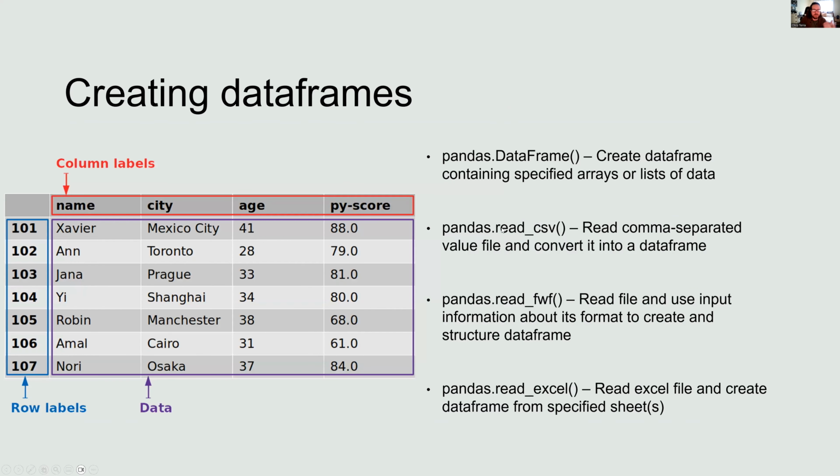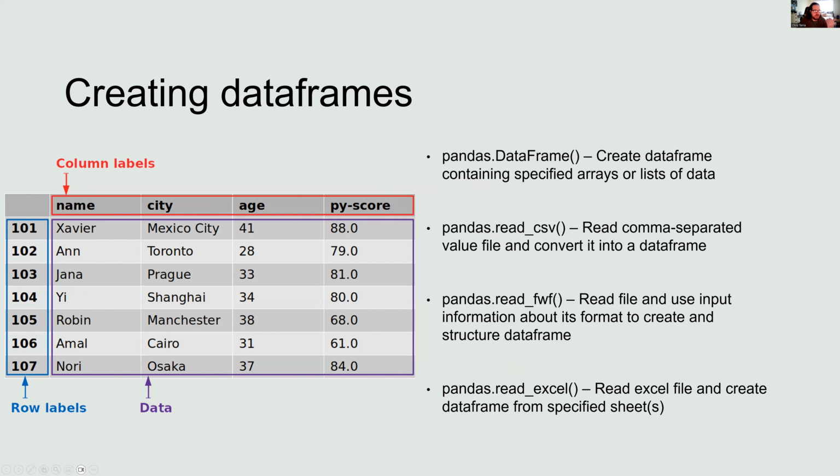So when it comes to creating data frames, there are a few ways you can go about it. I'm just outlining a few of the potential functions that you can use. As you can see to the left here, this is an example data frame. You have your row labels, your column labels. If you didn't specify anything when you uploaded your data, these column labels would just be 0, 1, 2, and 3.